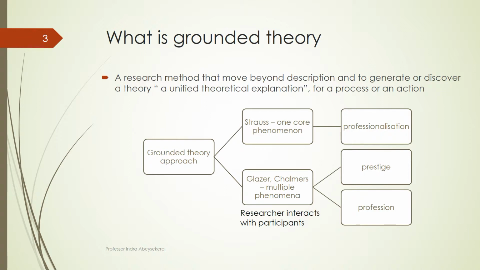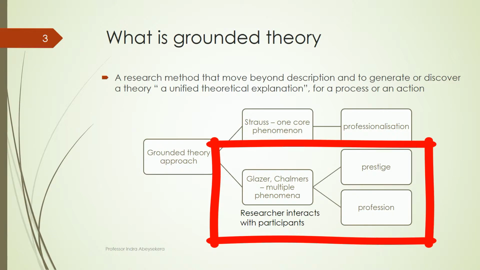The other approach is shared by Glaser and promoted by Charmaz, that there are multiple phenomena or multiple realities, and these realities can be understood by the researcher interacting with participants.